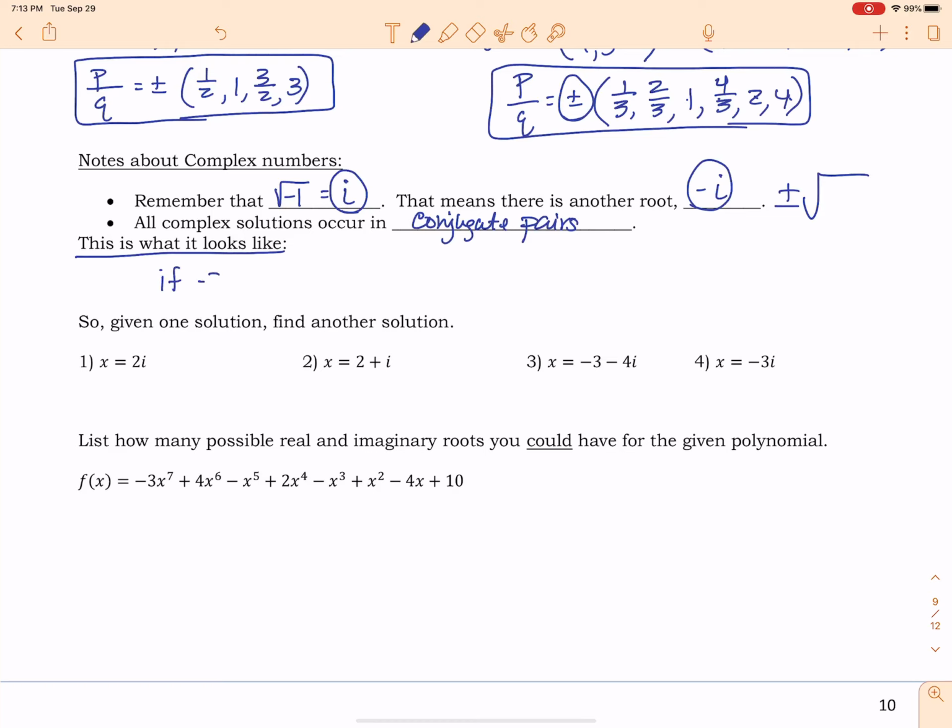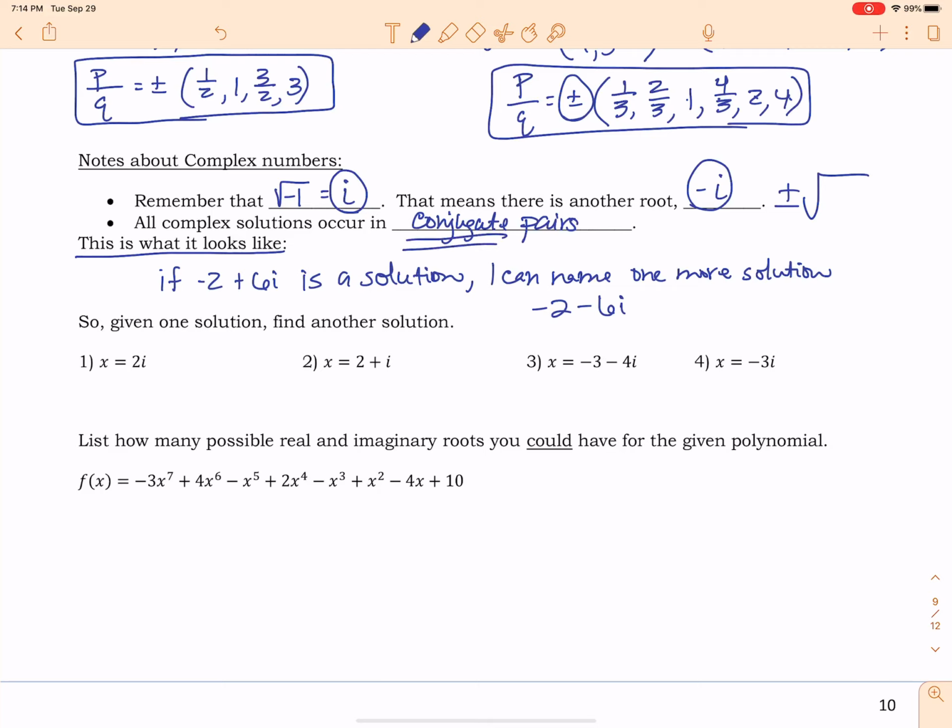This is what it will look like. If -2 plus 6i is a solution. This is just an example. So let's say I tell you that for a particular polynomial, -2 plus 6i is a solution. Well, I can name one more solution based on this. The conjugate pair of this would be -2 minus 6i.